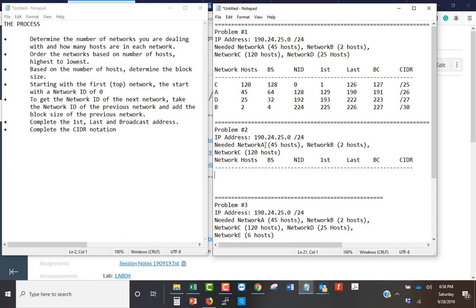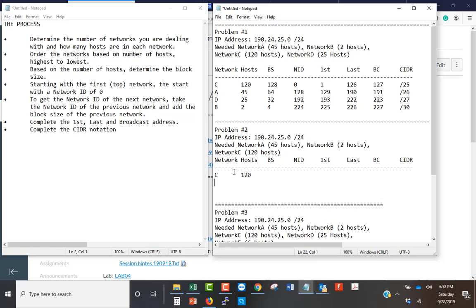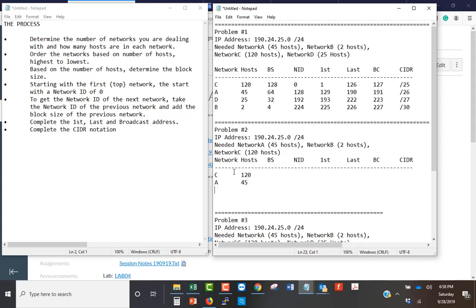We're doing 45 hosts on A, 2 hosts on B, and 120 hosts on network C. So again, network C is the largest with 120 hosts. Then we're going to have A with 45. This looks almost identical to our last problem. And then B with only 2.